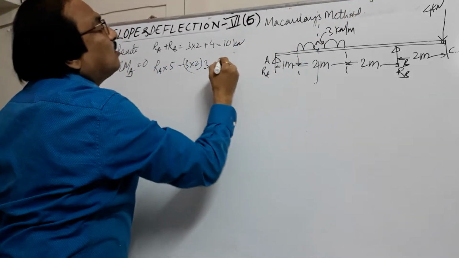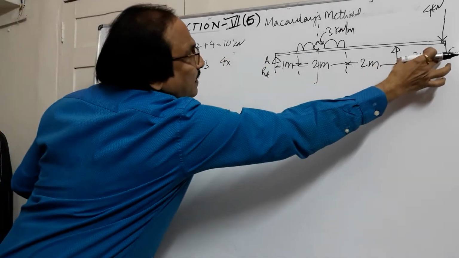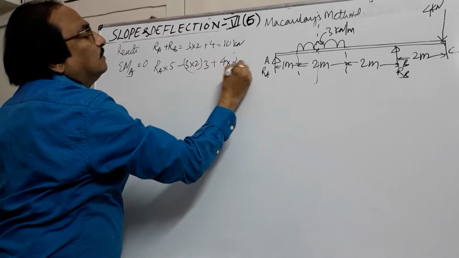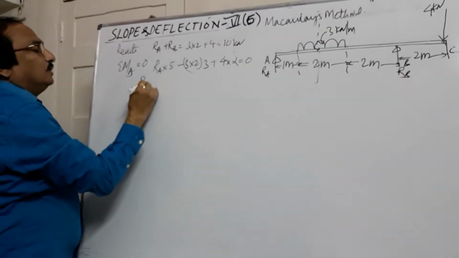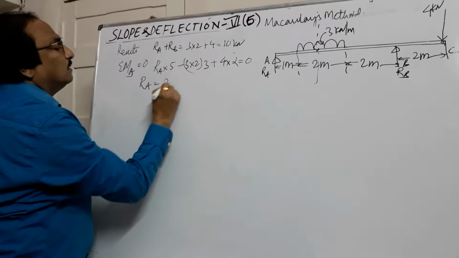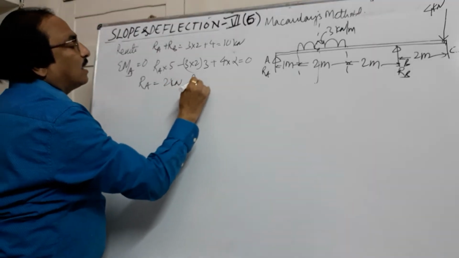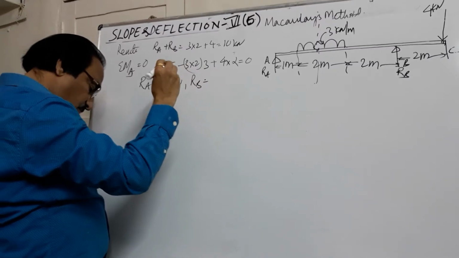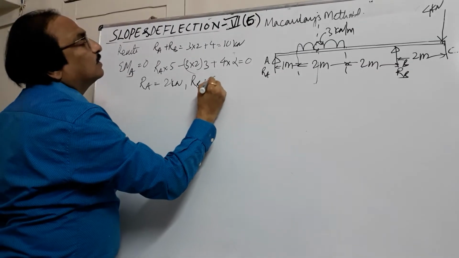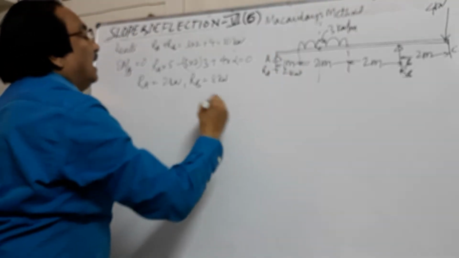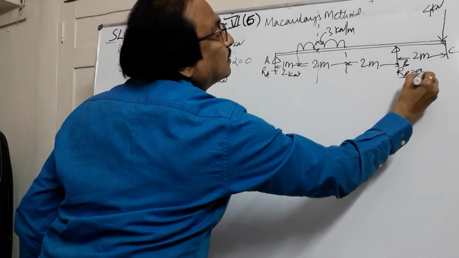Now coming to the concentrated load, 4 into perpendicular distance 2, rotating in clockwise direction about B. If you simplify, you get RA equal to 2 kilonewton and RB equal to 8 kilonewton.